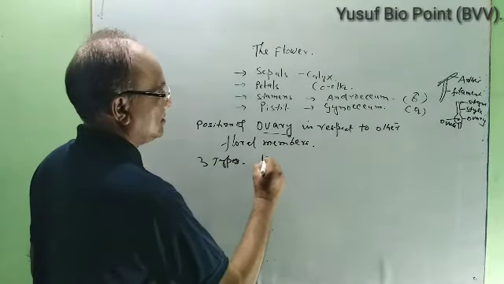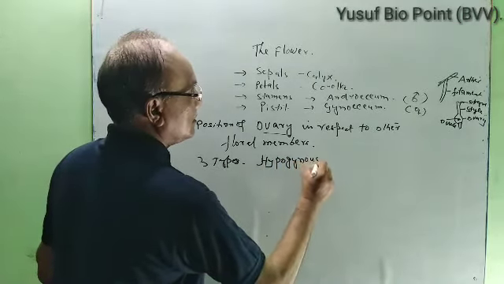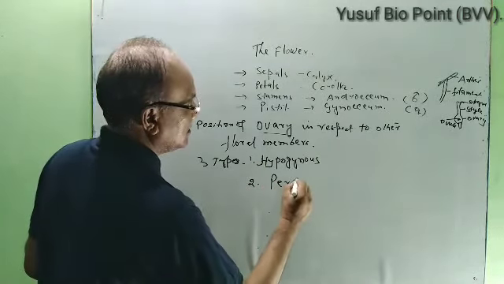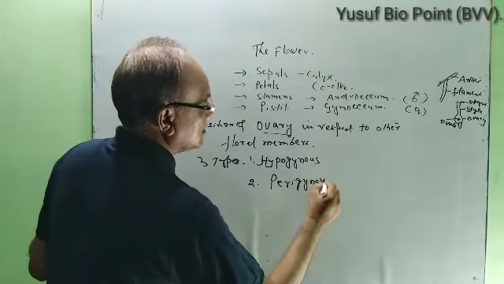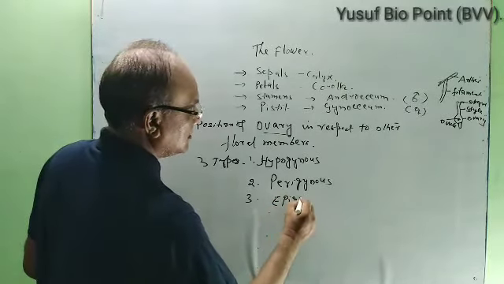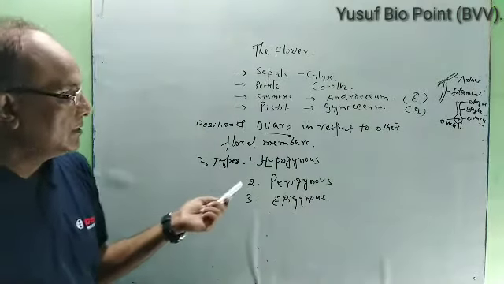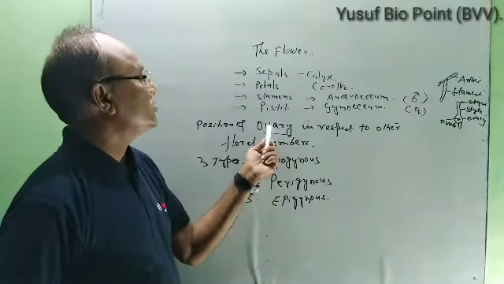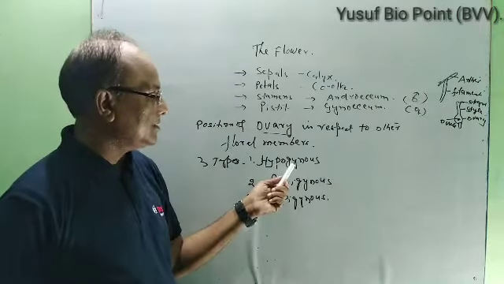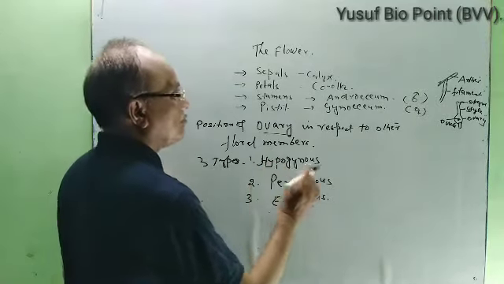One is hypogynous, second one is perigynous, and third one is epigynous. So the position of ovary or gynoecium may be of three types. First we shall see the hypogynous.